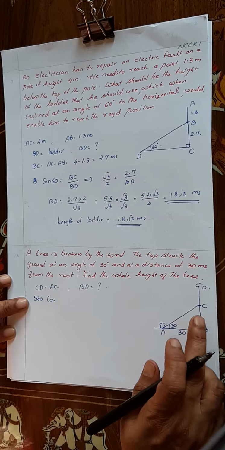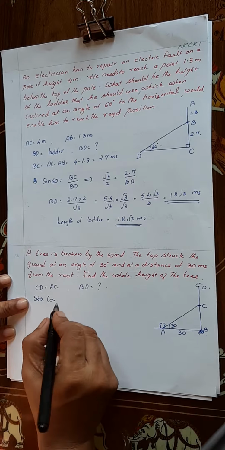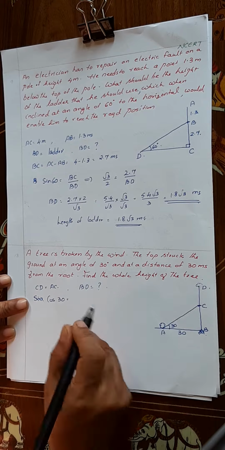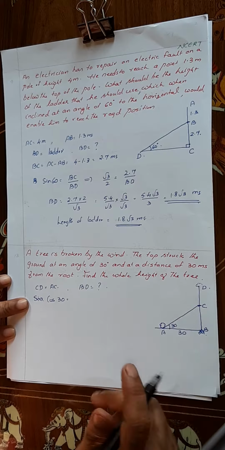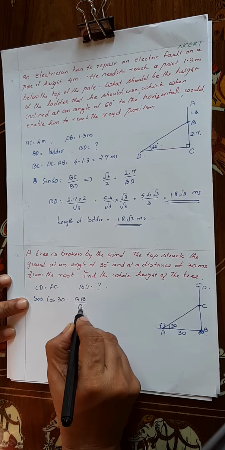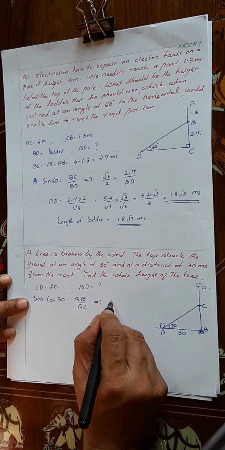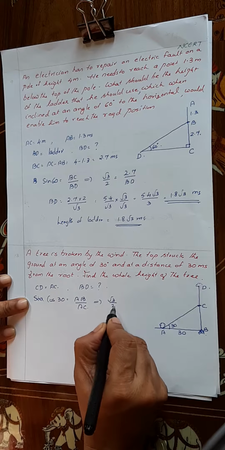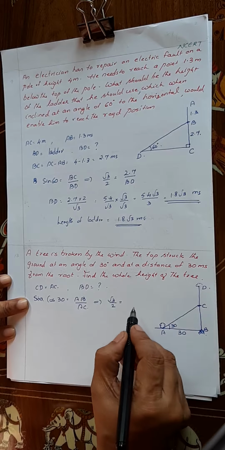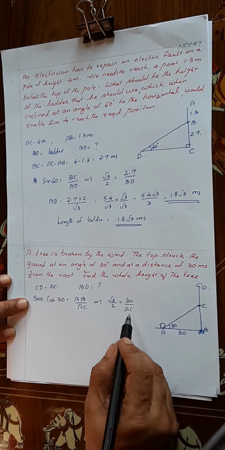Sin 30 we cannot use, opposite side by hypotenuse, we do not know either of the values, so we will use cos 30 is equal to adjacent side by hypotenuse, that is AB by AC. Cos 30 is equal to root 3 by 2 is equal to AB is 30 by AC. From this you will get AC.